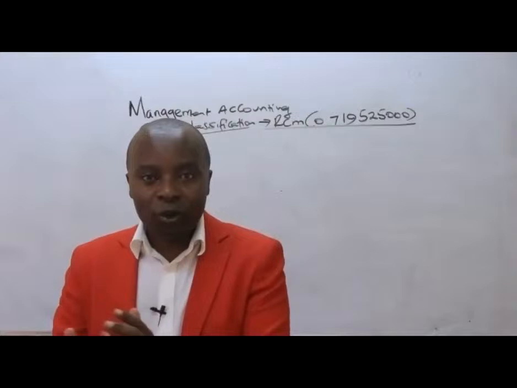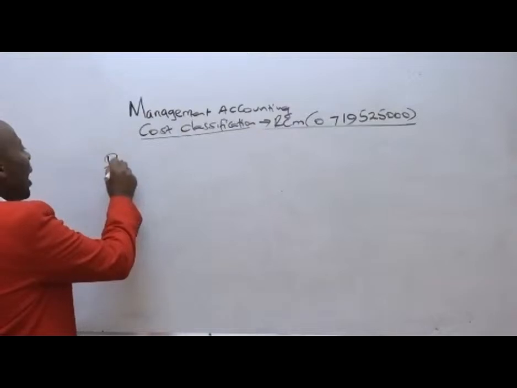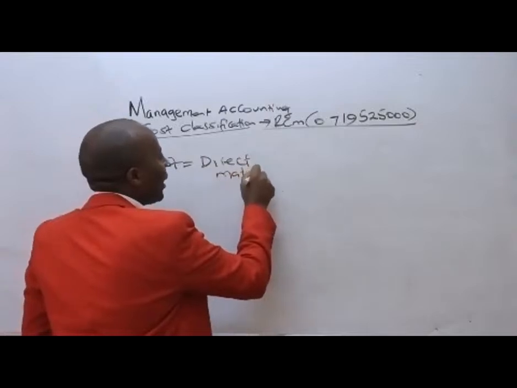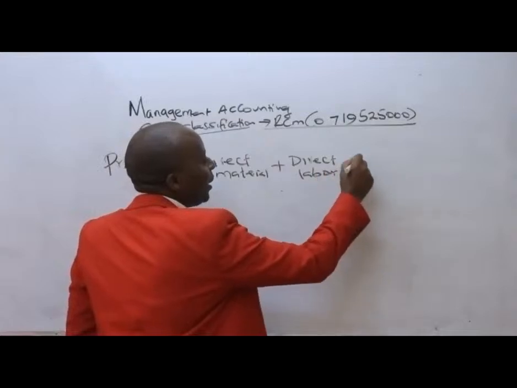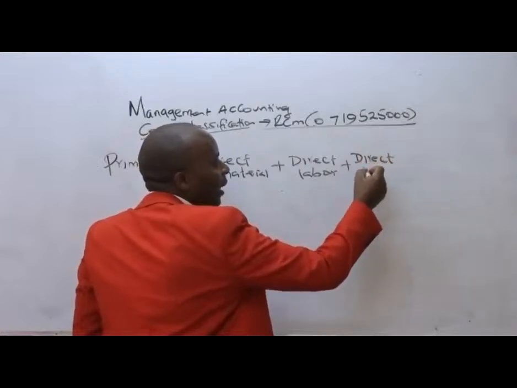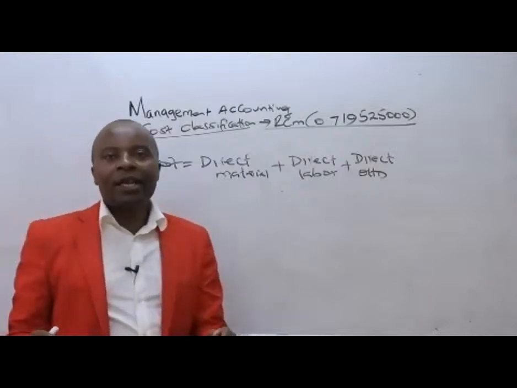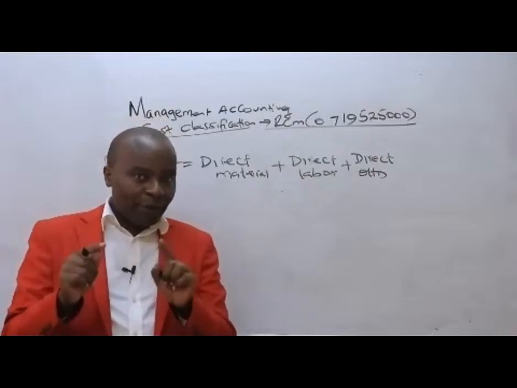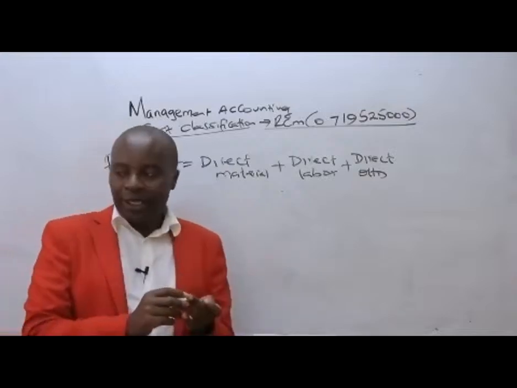So under prime cost, what do we have? We have direct materials plus direct labor, and if there is any expenditure that happens to be an overhead that is directly attributable, perhaps you hired a production room directly attributable to a particular production process, that will fall under what we call direct overhead.